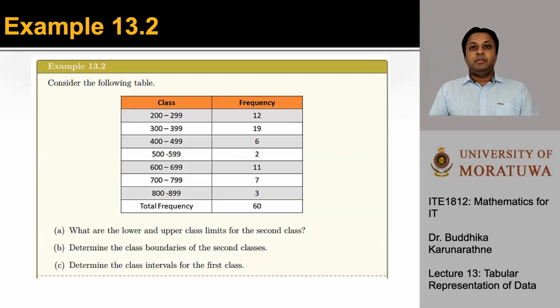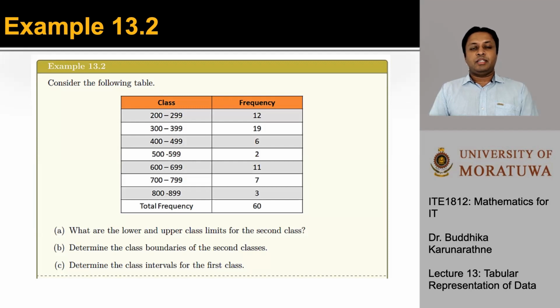Let's take an example to understand the concepts better. Consider the following table. You have a set of classes and the corresponding frequency. The first class is from 200 to 299, frequency is 12. The second class is 300 to 399, frequency is 19, and so on.